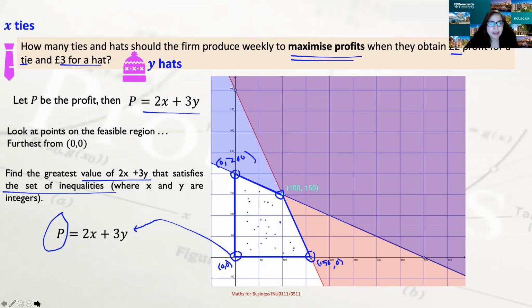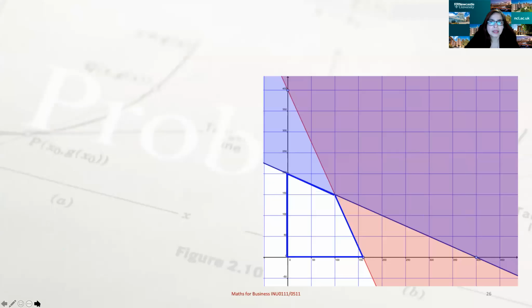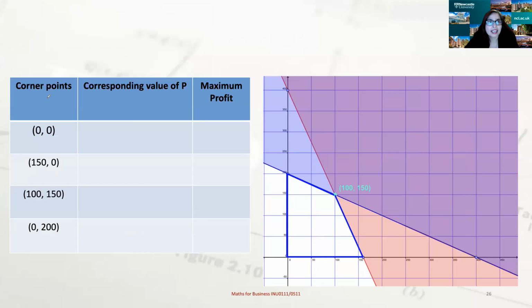So the best way to do is, again, put it in a table, a beautiful table, and put these corner points here and substitute the corner points into the objective function, into the linear equation. And when you substitute the x and y values, you can find the respective profit, the corresponding value for profit.